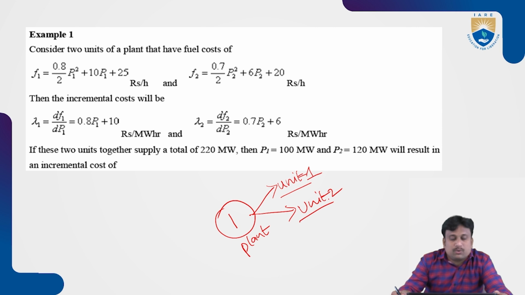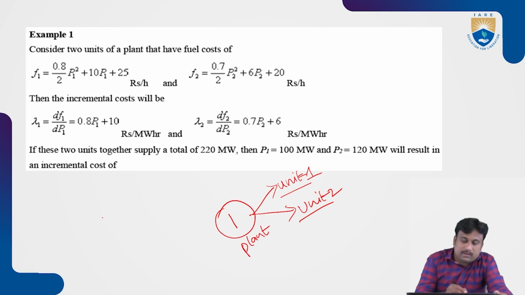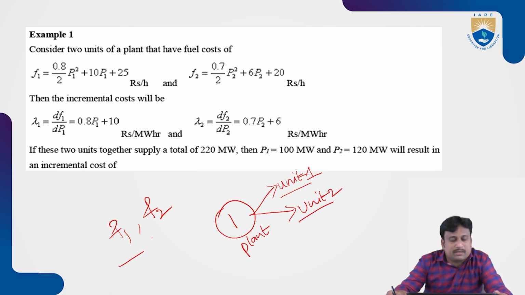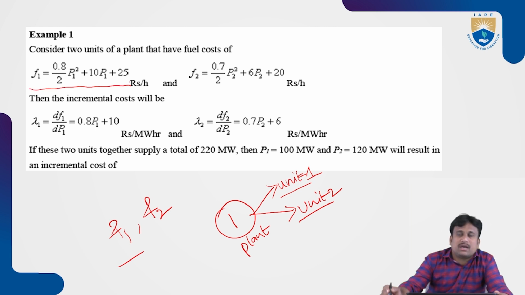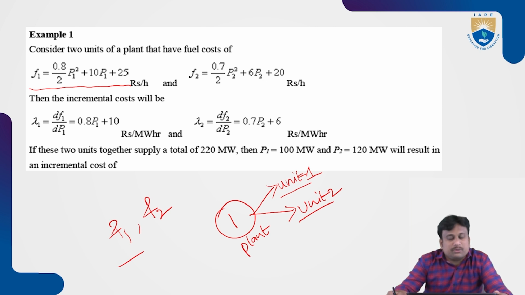So consider 2 units of a plant that have fuel costs given in terms of F1, F2. Where F1 equals 0.8 by 2 P1 square plus 10 P1 plus 20. This is the fuel cost of the first unit, F1.